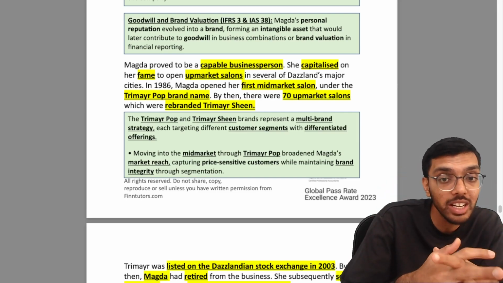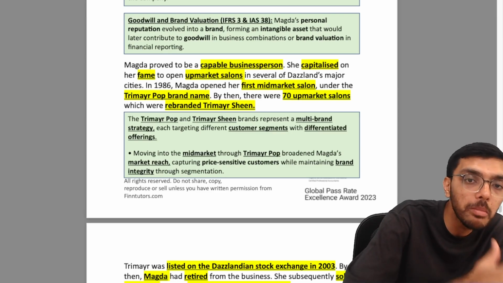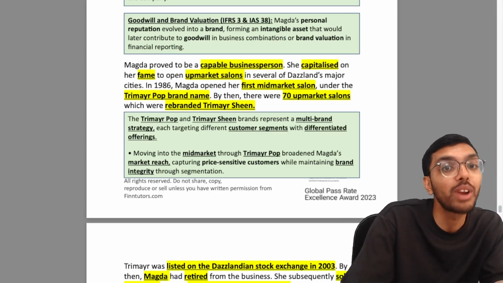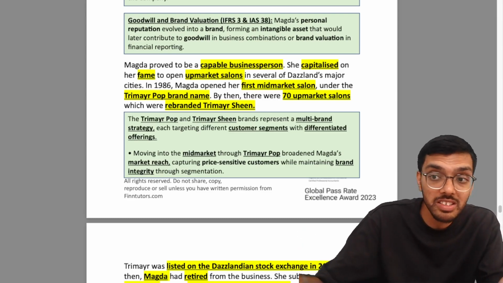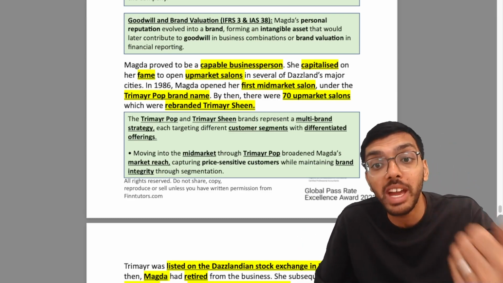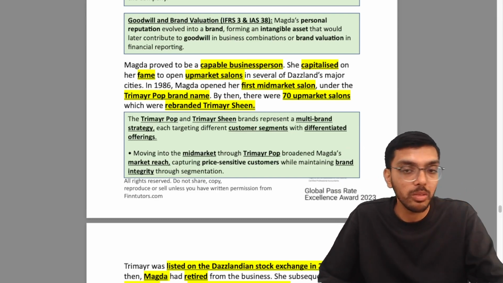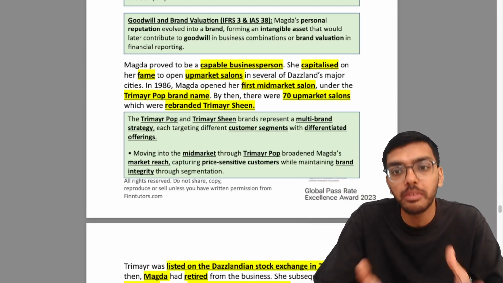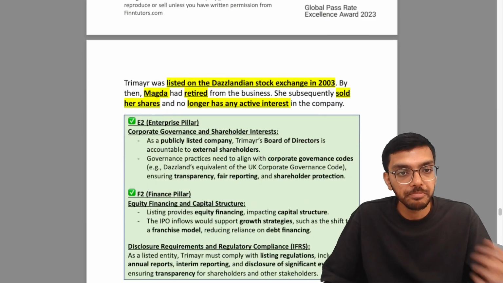That's just a thought that's coming to my mind. Or even in Dazzland, we can start a low market new brand called Trimayr, whatever XYZ. That could be a scenario in the exam for which you may need capital, for which your cost of capital, weighted average cost of capital, all of these situations are coming to mind just as a thought.